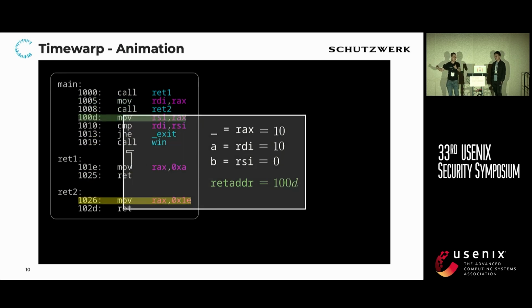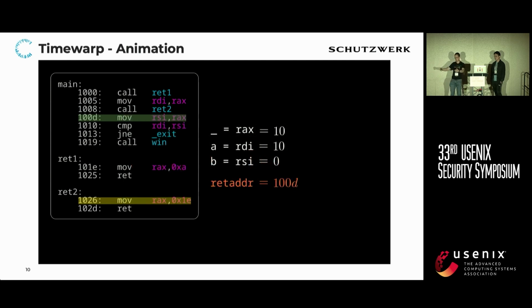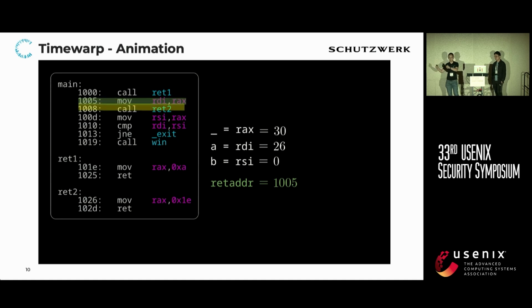We invalidate the return address, so it will reuse the stale return address. Now the return value will be 30. We will return from the function, and 30 will be written into A. Now the program continues normally. So 30 will now be written into B. And now both values are the same, and we call our win function.